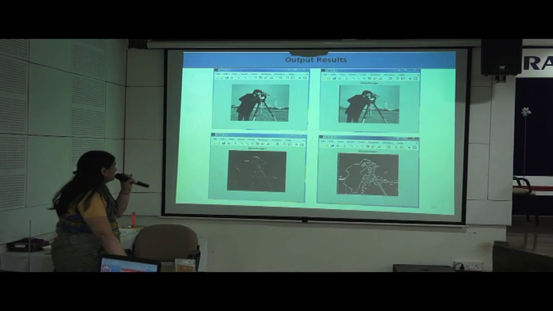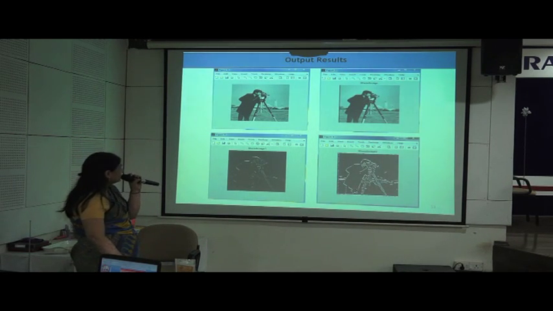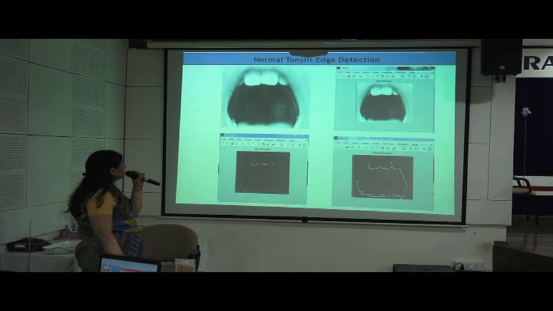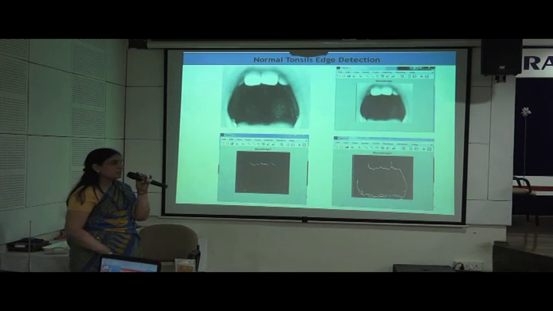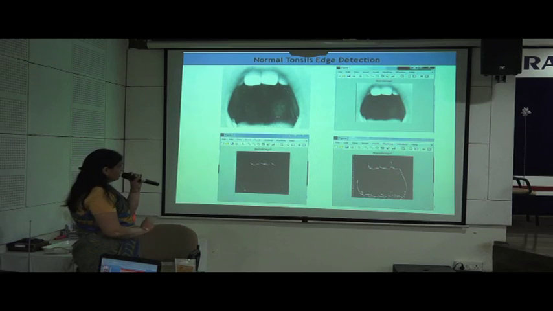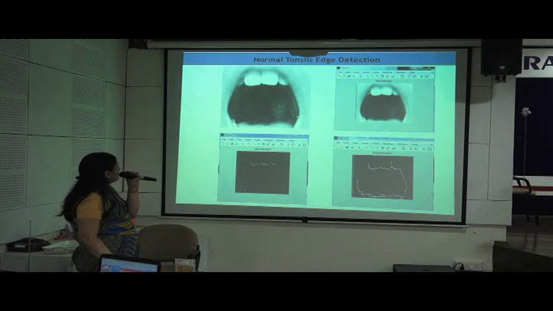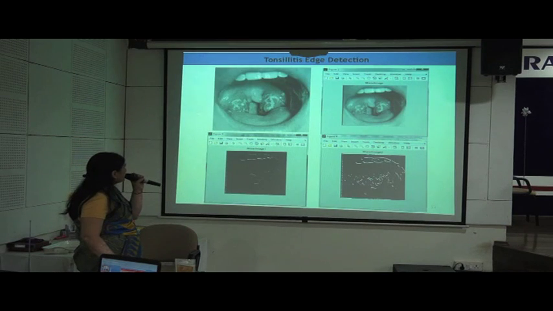These are the output results for the Canny edge detection algorithm with noise reduction, then non-maximum suppression, and then edge detection. So the tonsils image, which is considered for my research work, again the edge detection of those images was also done. It is for normal tonsils edge detection. This is for affected tonsils edge detection.